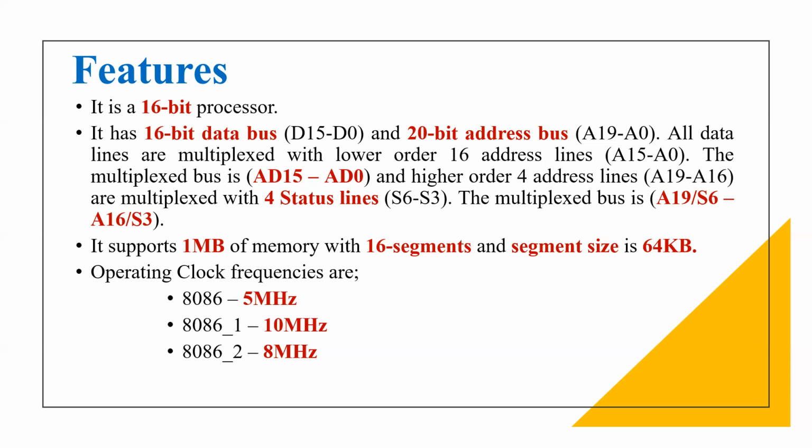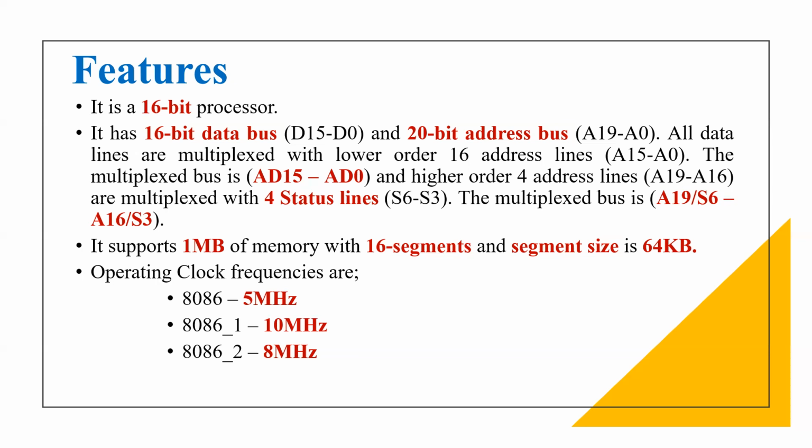So at a time, we are unable to transfer data and address simultaneously. If you have dedicated lines, we can do this simultaneously. That means at a time, I can transfer an address as well as data. Then the speed of operation of the system increases. Because of this reason, in some processors and controllers, we don't go with the multiplexing concept.